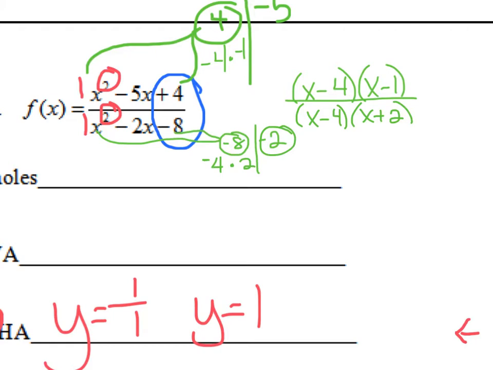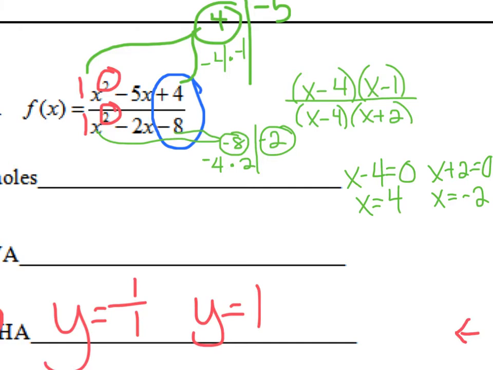So holes and VAs, we look at the bottom and we set each of the bottom factors equal to 0. So x minus 4 equals 0 and x plus 2 equals 0. Well, if x minus 4 equals 0, the opposite of minus 4 is a positive 4. And the opposite of a positive 2 would be a negative 2.